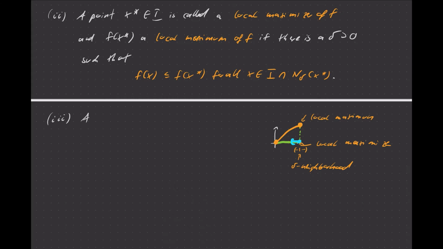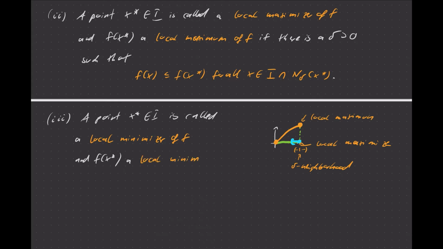So the third part: a point x star in I is called a local minimizer of f, and consequently f of x star a local minimum of f.